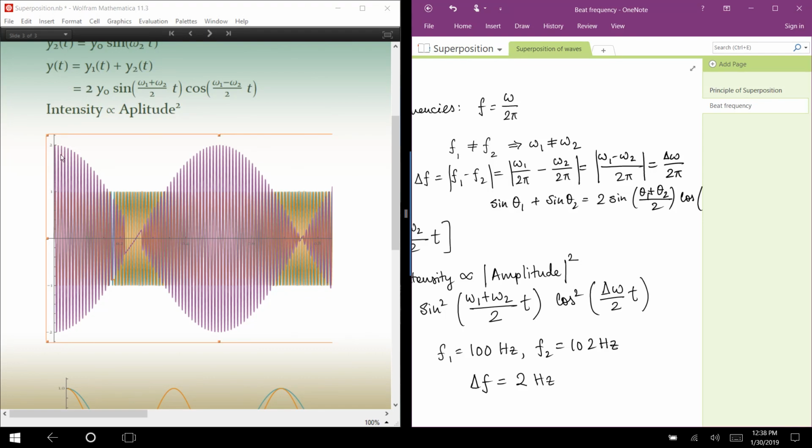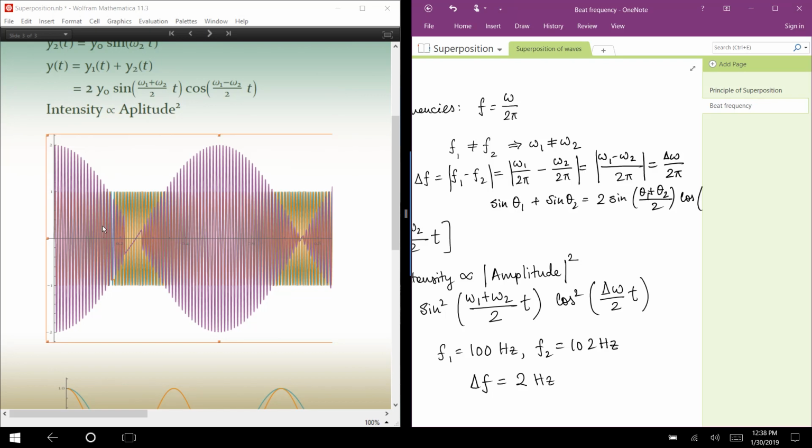And if you notice carefully, the oscillation over here has a smaller frequency compared to the very rapid oscillations inside, the cosine wave.